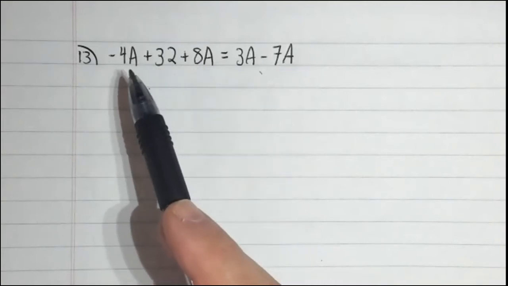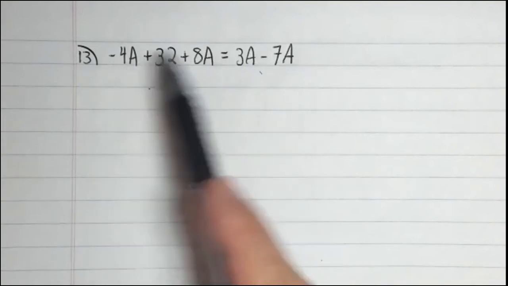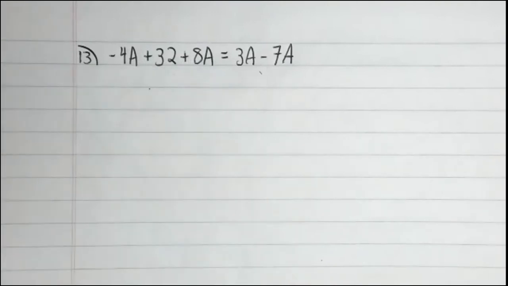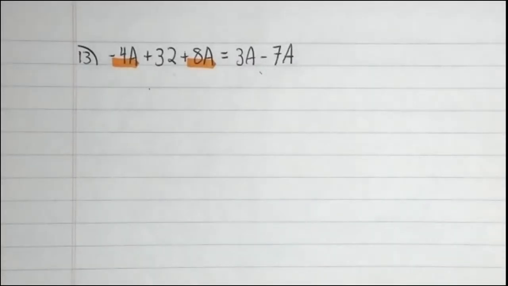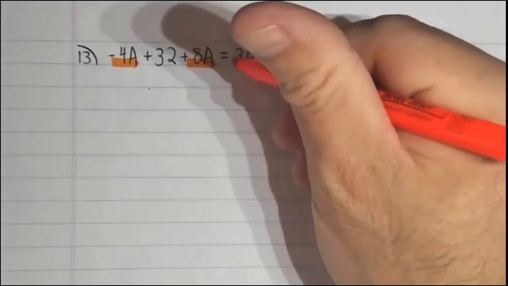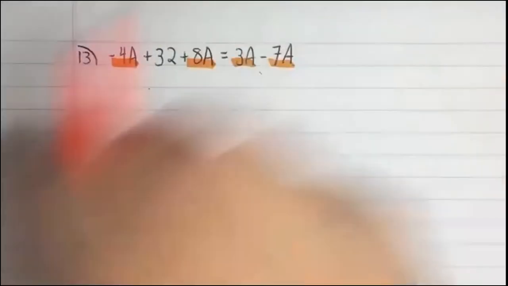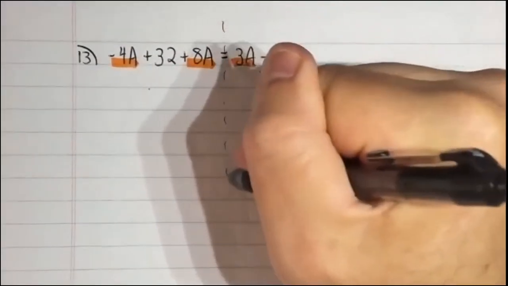So I'm not going to add 4a to both sides because I haven't cleaned this up yet. I have like terms on this side of the equation that I have to clean up. And also I'll have like terms on this side. So remember, that equal sign splits up the two sides.